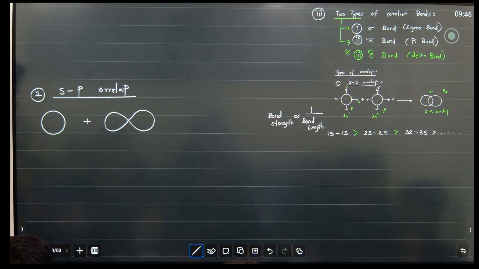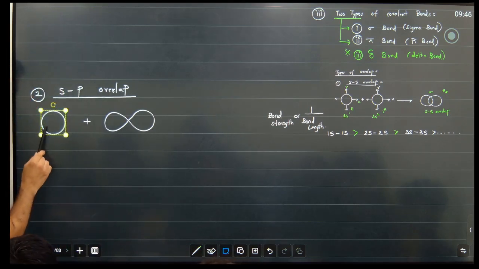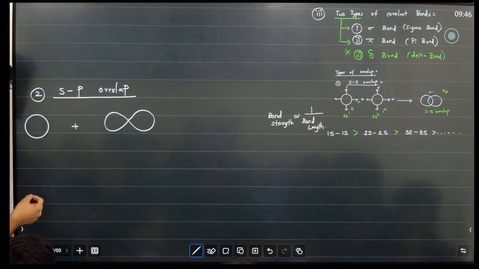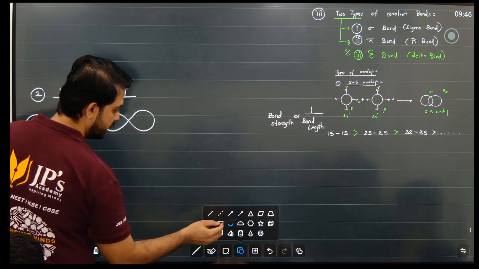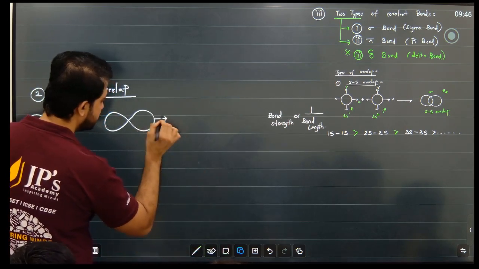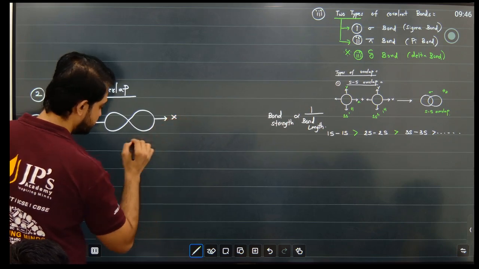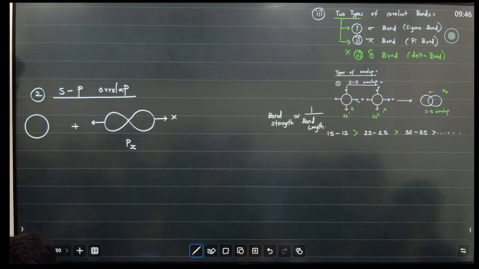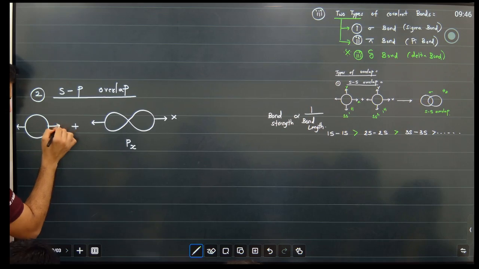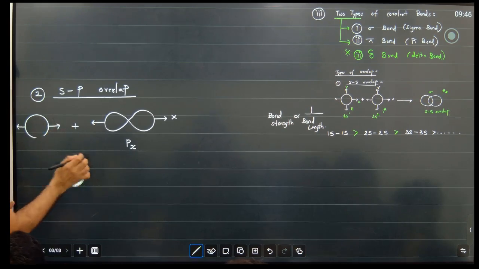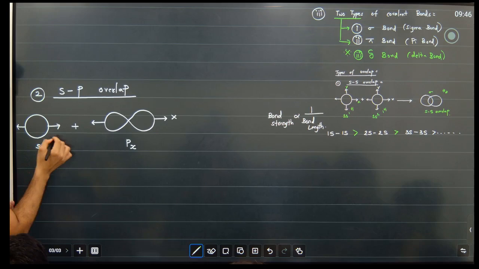Now over here the axis of approach is important because p orbital is directional in nature. मतलब यहाँ पे जो मैंने बनाया है, this is px, so this is x-axis, and hence your s orbital should come close to the px orbital, and this also should be along the x-axis.